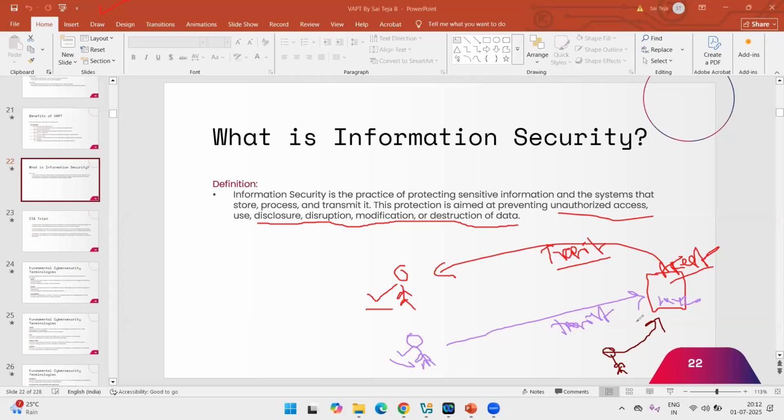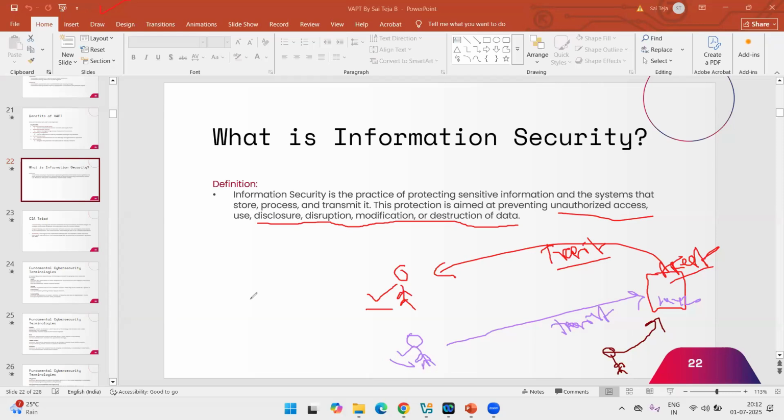There is no proper security, right? It should not happen. When some unauthorized user is trying to access the information, they should not access it. It could be anywhere.